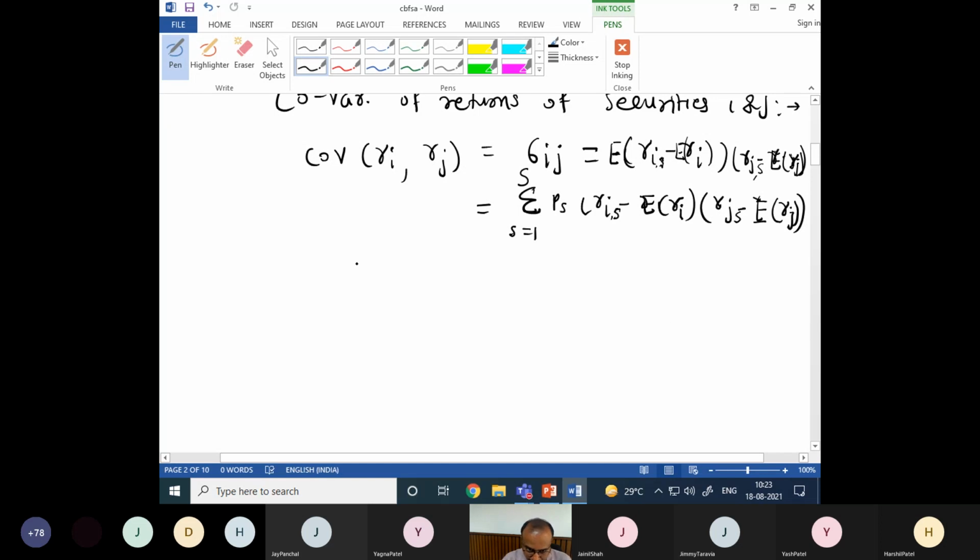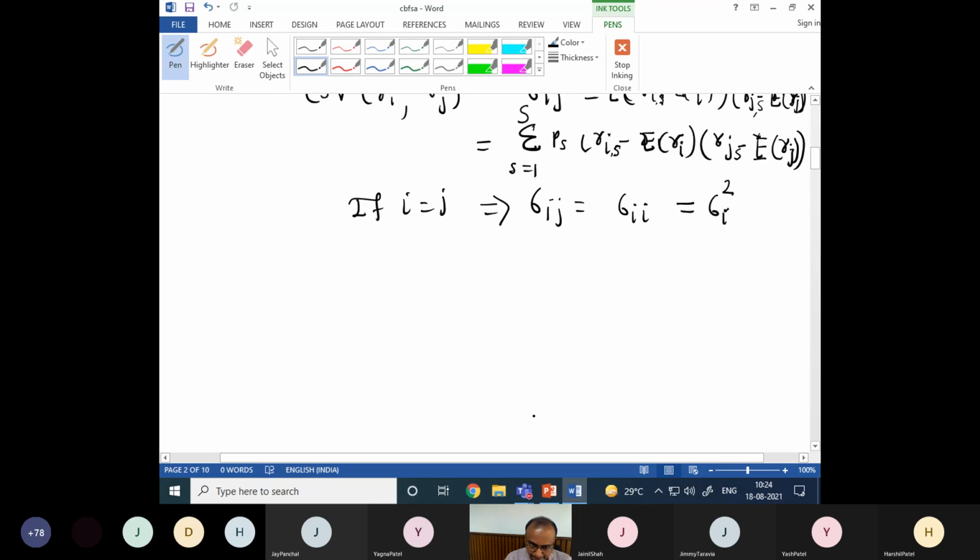If I is equal to J, what do I get? Sigma Ij turns out to be sigma II, which is nothing but variance. So covariance becomes variance if the relation is with the same security.